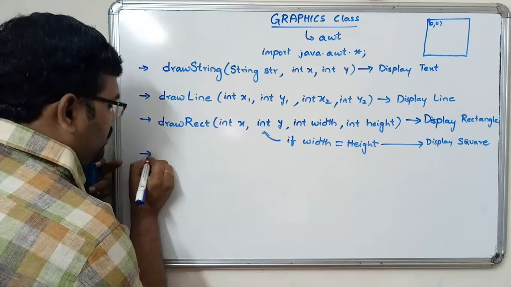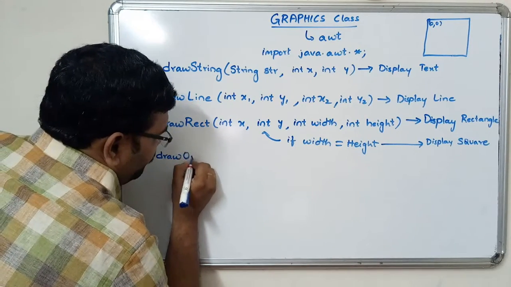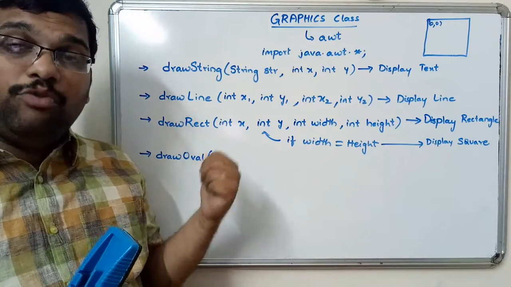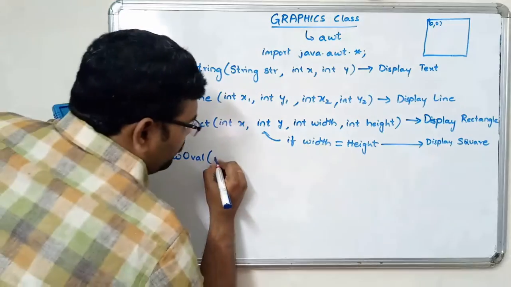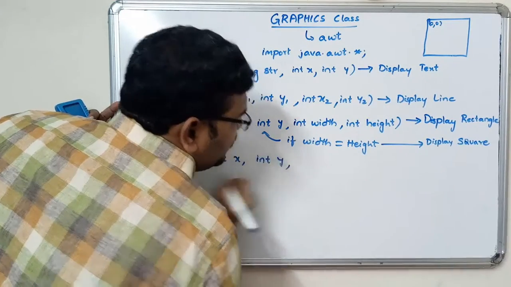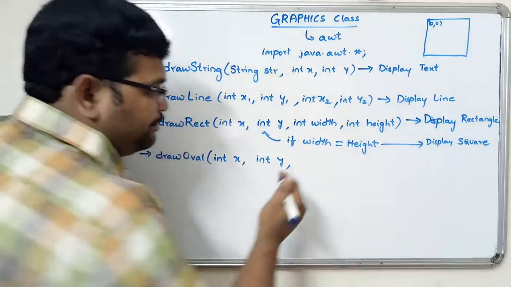Next, drawOval. Here also D is small and O is capital. Here also the first two parameters specify the x and y coordinates where the oval should be displayed, and the next two parameters specify the width and height.